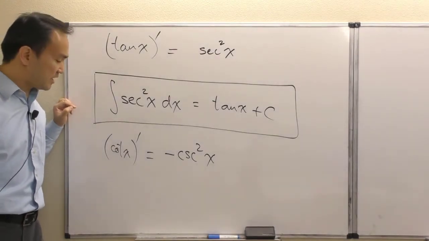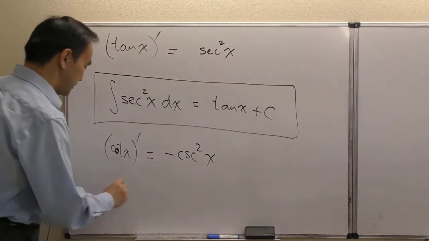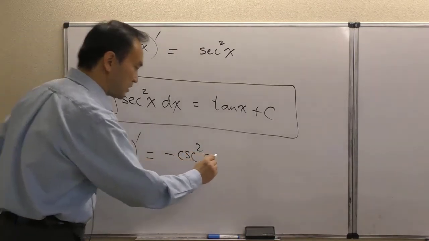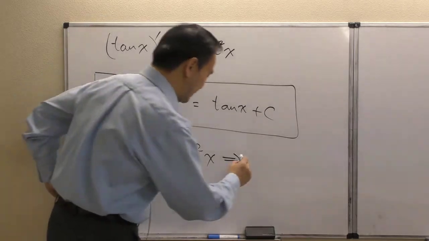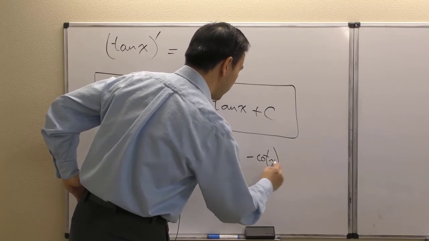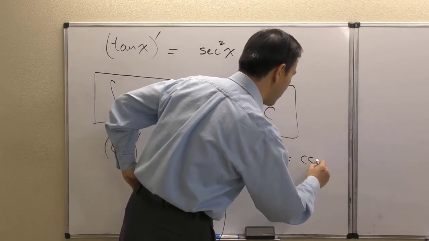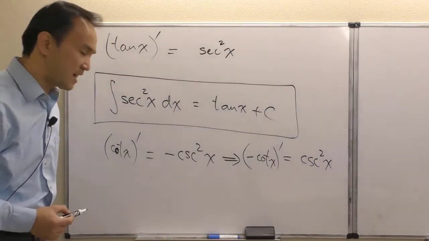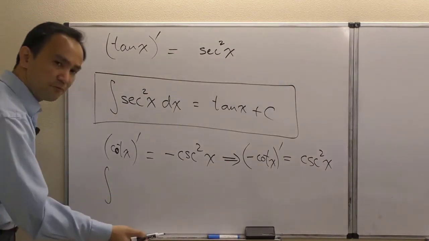In that way, I can produce the following, similar to the argument I made earlier for the cosine function. Taking the derivative of minus cotangent of x will give a positive cosecant squared of x. So now I can formally get to another formula.